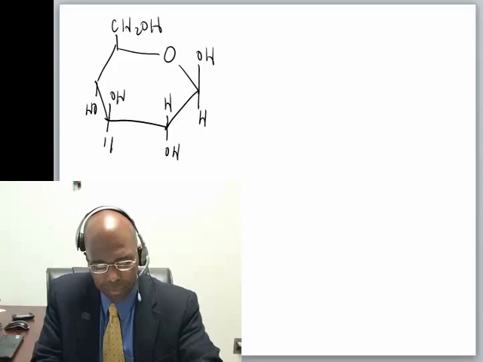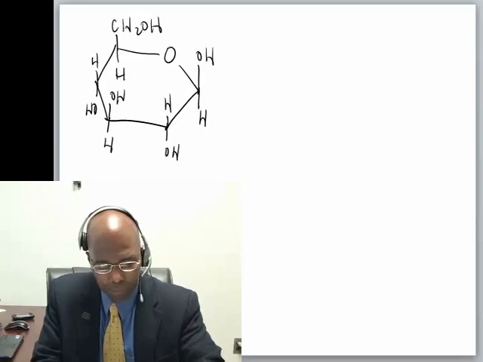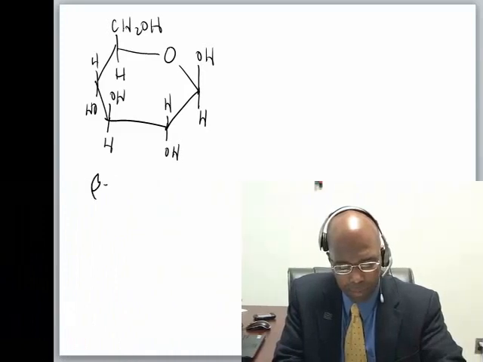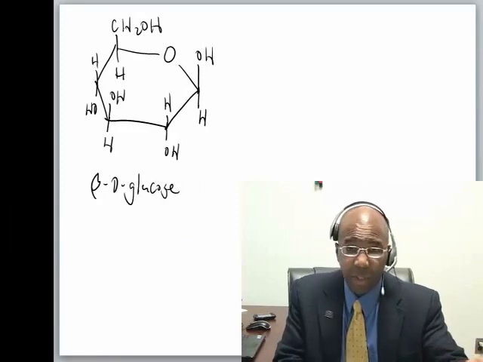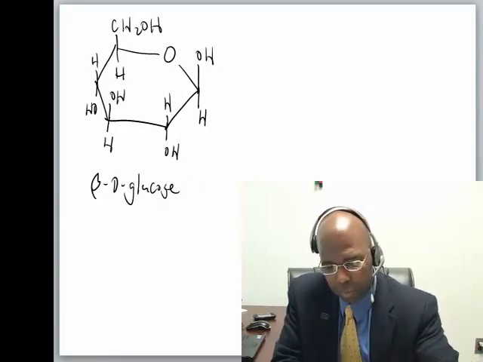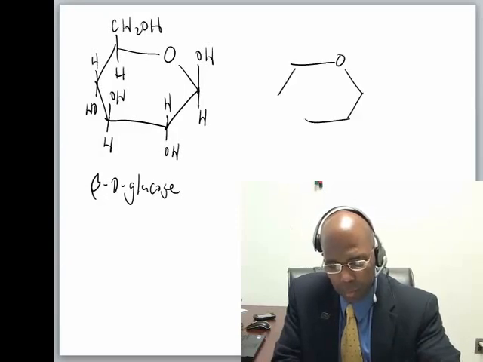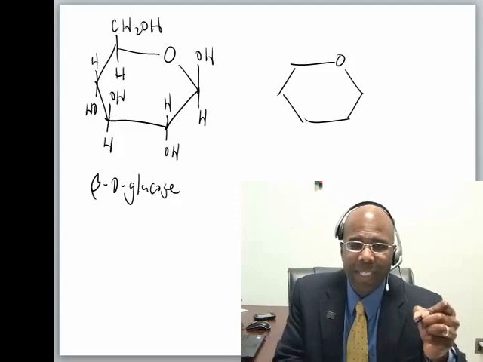Sometimes I put the hydrogens, sometimes I don't. And so this is beta D-glucose. And we're going to have another one of those, so I'm going to draw another D-glucose.